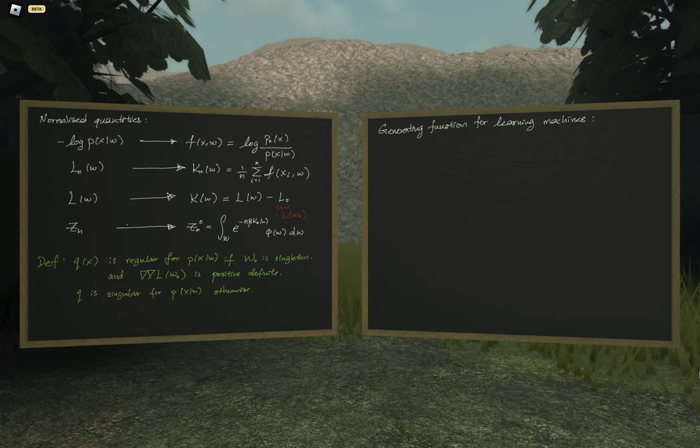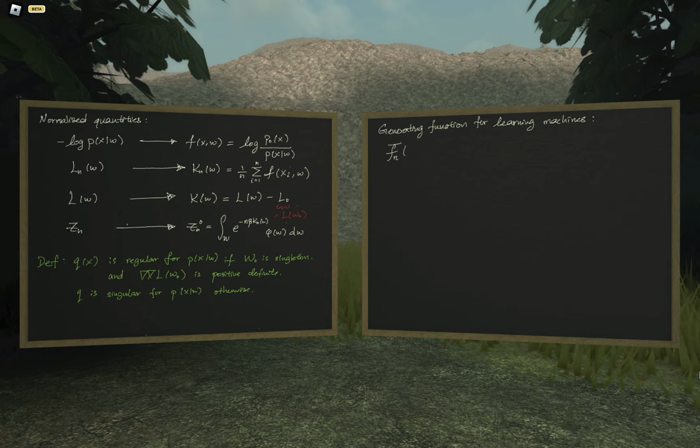So the idea of generating function, I think we are familiar with. We encode quantities that we care about as coefficients in the power series. Well, I'm going to write down the definition.